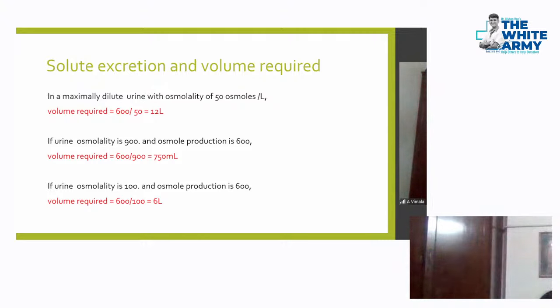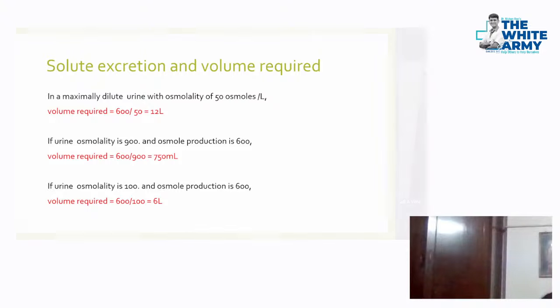If the urine osmolality is 100, on the other hand, and the osmol production is 600, the volume required will be 6 liters. That is, with a low diluting capacity, people tend to develop polyuria to excrete the normal osmotic load of 600.